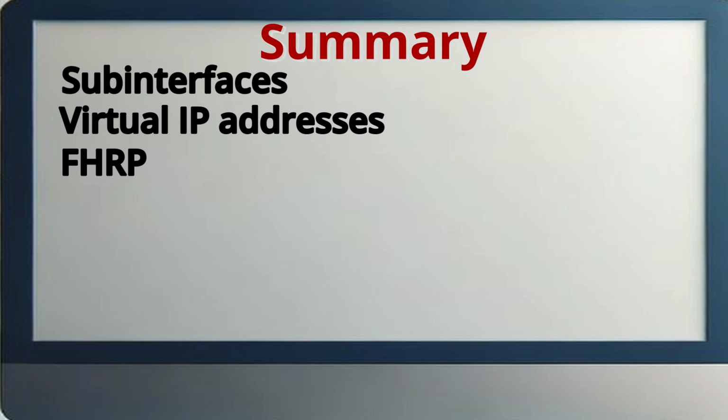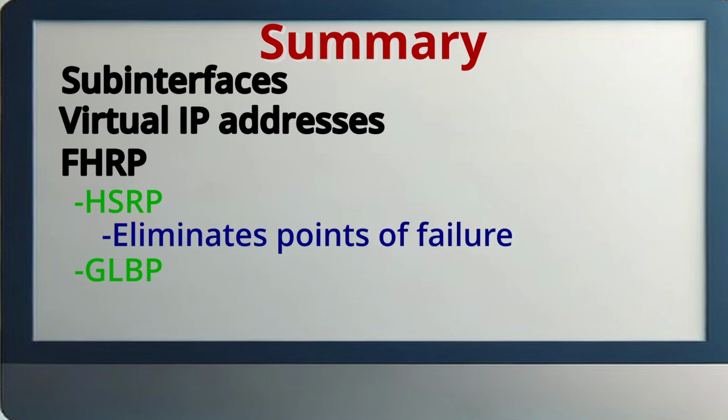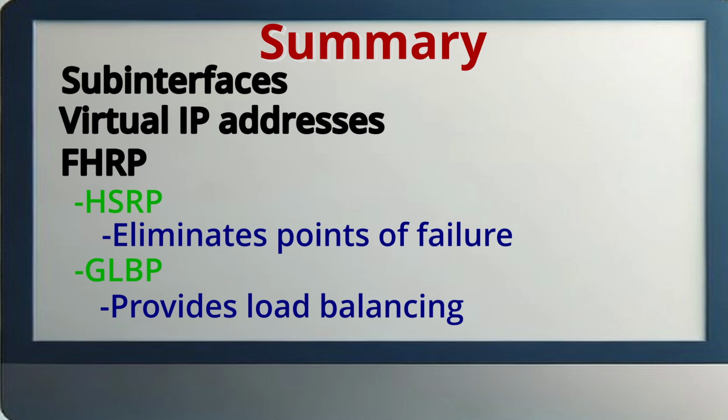We specifically looked at the redundancy protocols like HSRP and GLBP. We also walked through how FHRPs eliminate single points of failure for default gateways on our LAN segments. And finally, we looked at how GLBP not only provides high availability through redundancy, but also provides load balancing for the subnet.